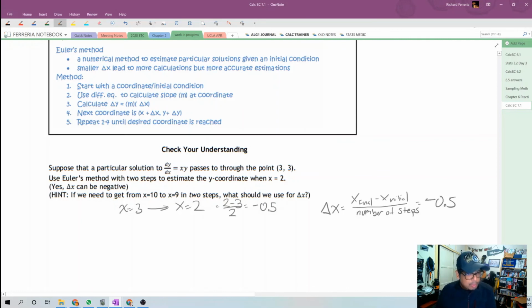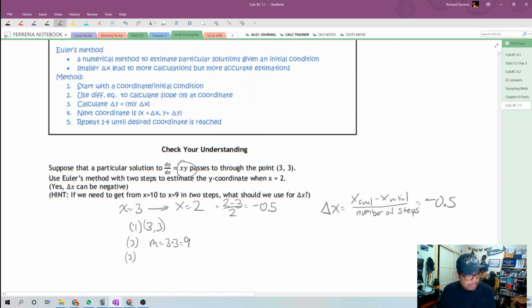Okay, so we're starting at 3, 3. That's step 1. Step 2. Use the differential equation to calculate the slope. Here's my slope field, xy. So it's going to be 3 times 3, or 9.